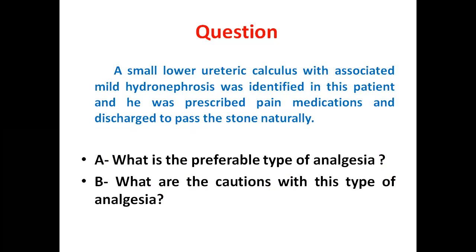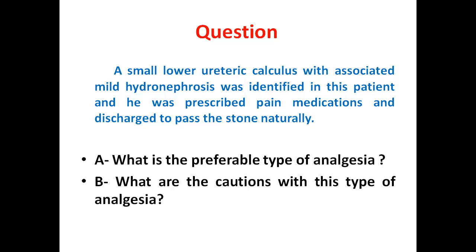By CT scan, a small lower ureteric calculus with associated mild hydronephrosis was identified. So our decision is to put the patient on conservative treatment. What is the preferable type of analgesia, and what are the cautions with this type of analgesia?